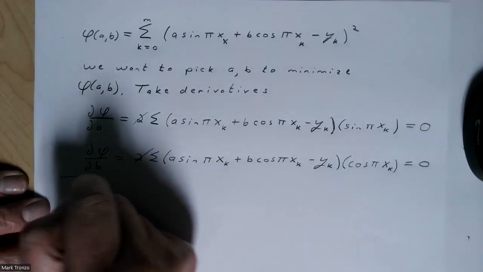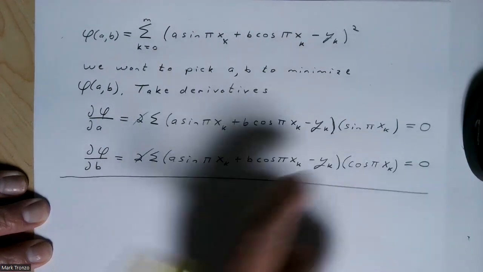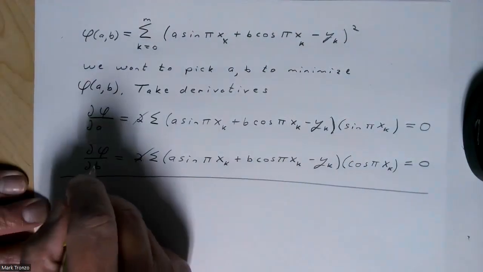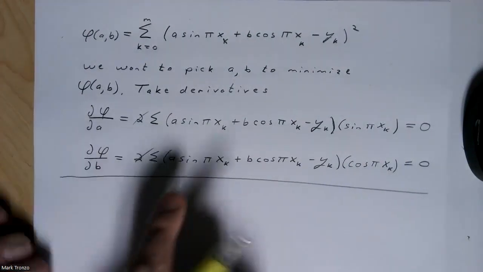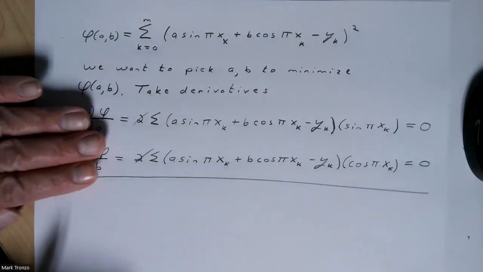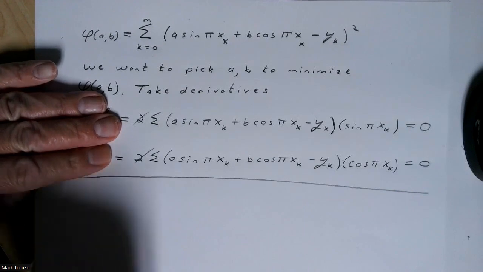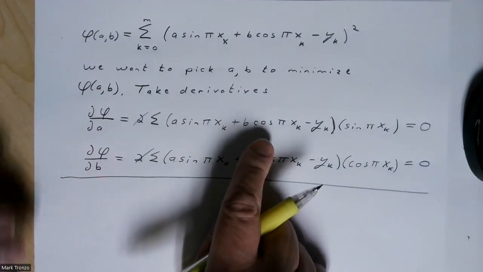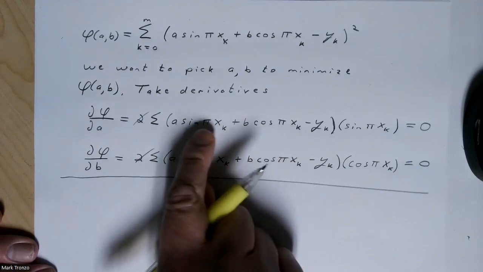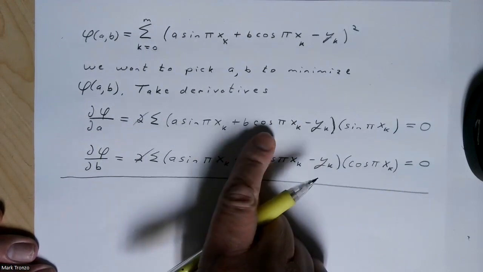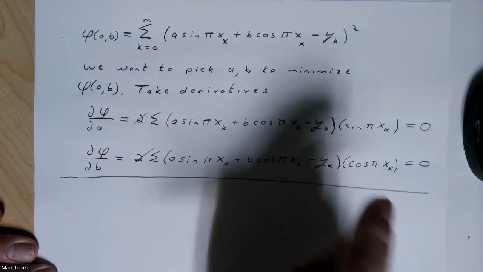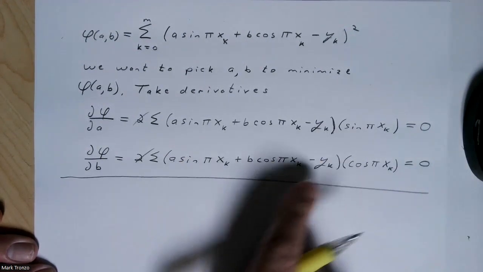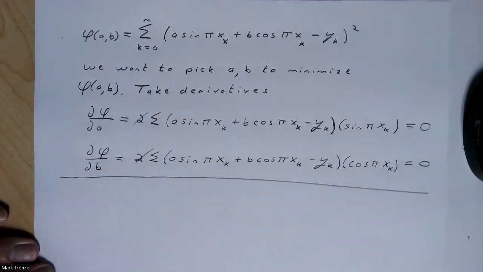And also we want to multiply this through. Once again, we want to solve this for 0, so we can ignore this left-hand side. And again, I'm going to multiply this in: the sine times this, this, and this. Over here, the cosine times this, this, and this. Then also distribute the sum.